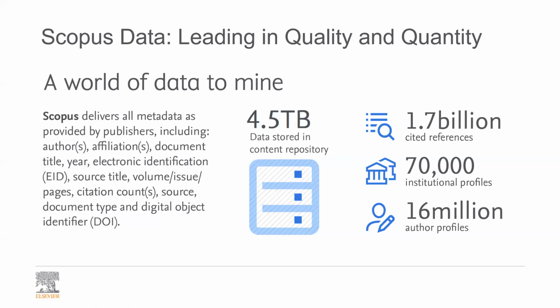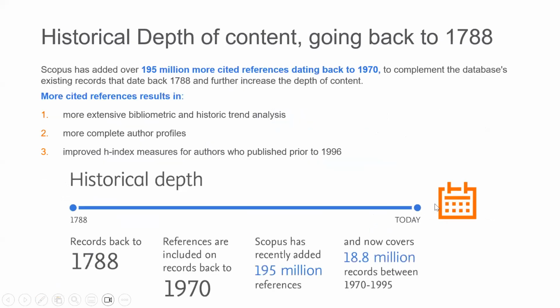So we have a bunch of information related to each article and each journal that can be found in Scopus. It also has historical depth of content back to 1788, so we can have all the information that was published as far back as 1788.